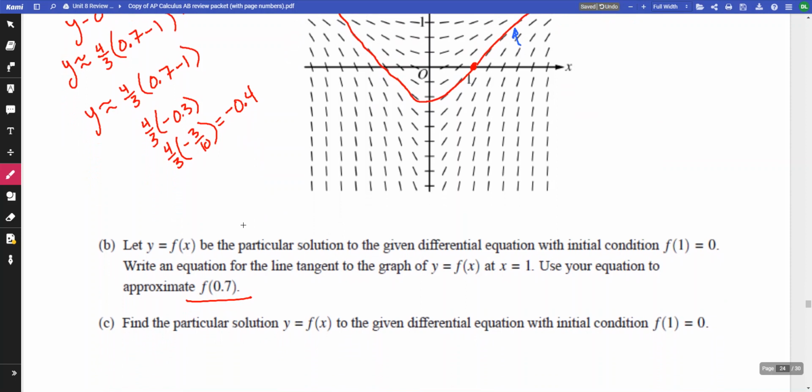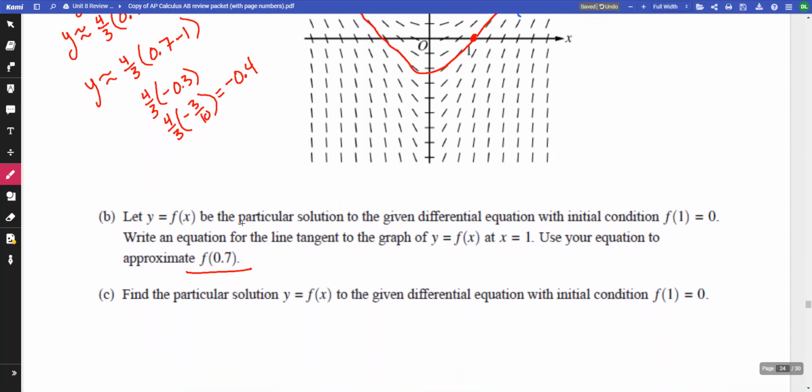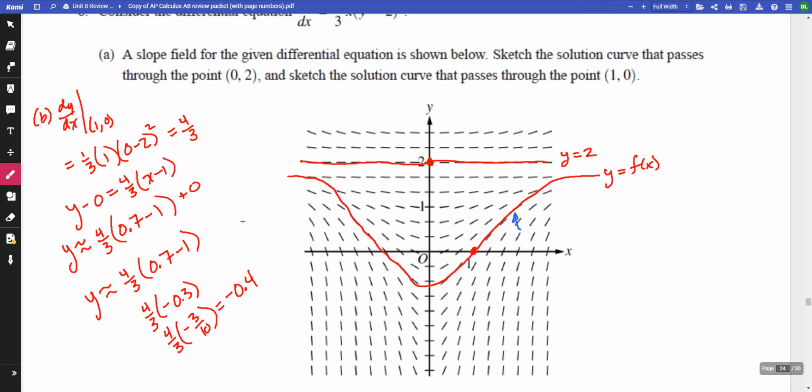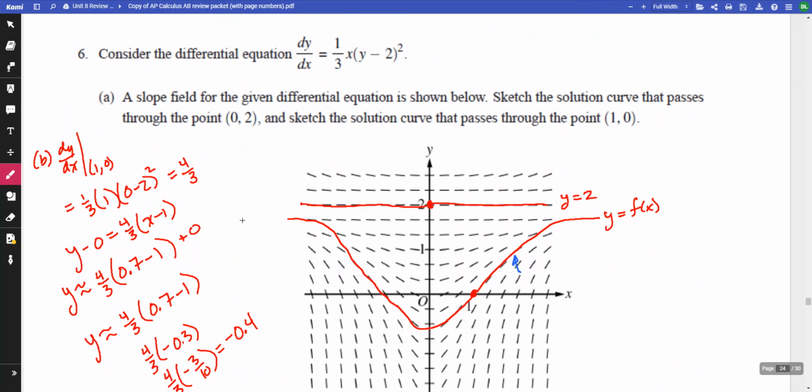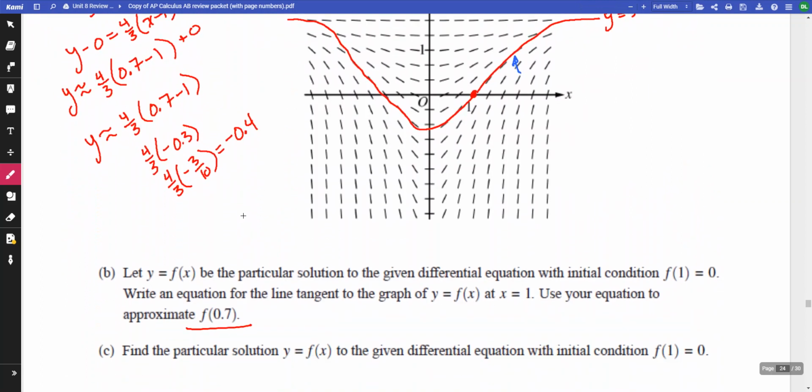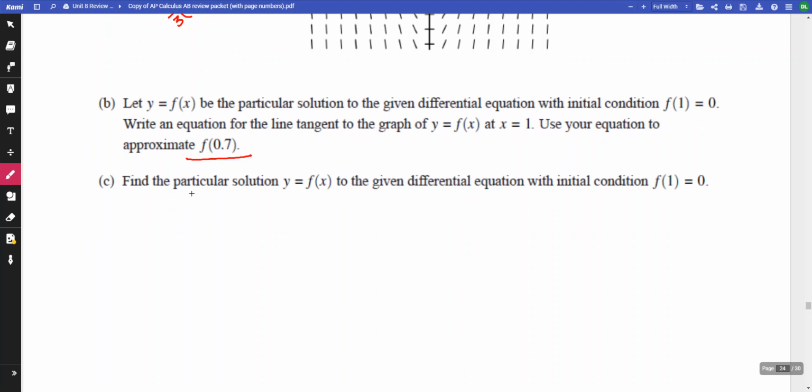Now we want to find the particular solution. So dy over dx is equal to 1/3 x times (y minus 2) squared. The first thing I want to do is separate the variables.